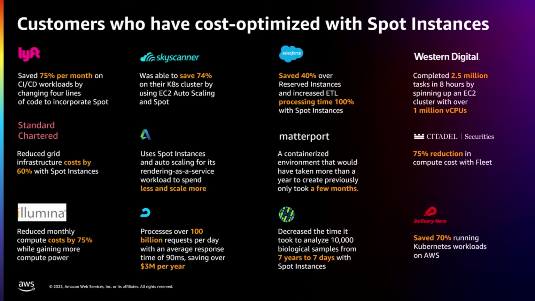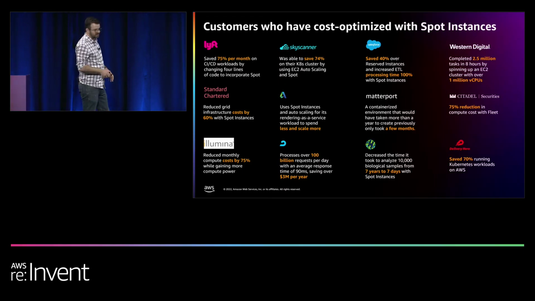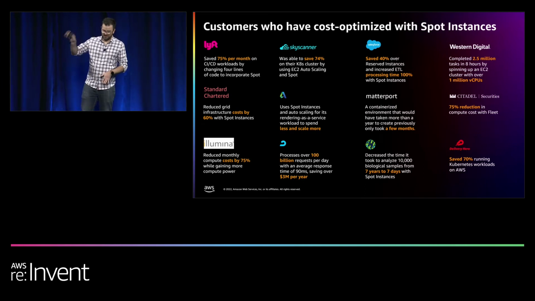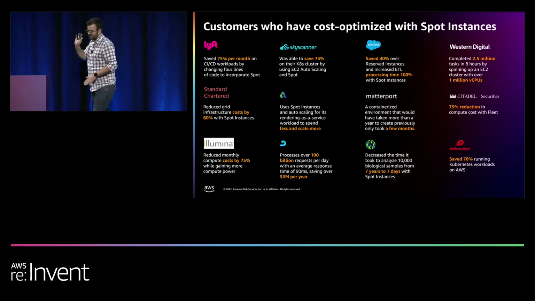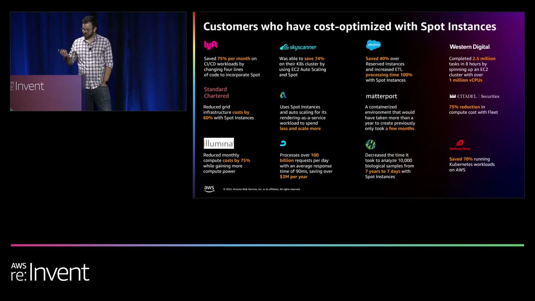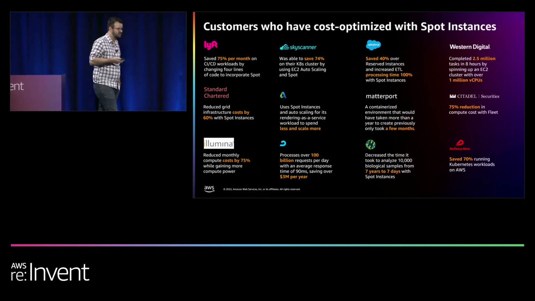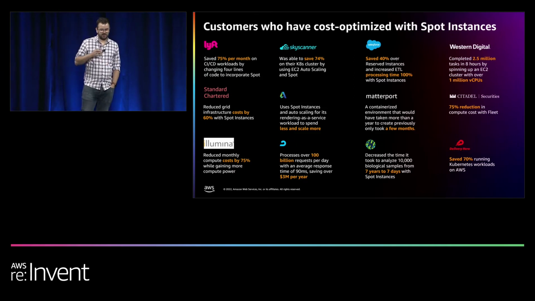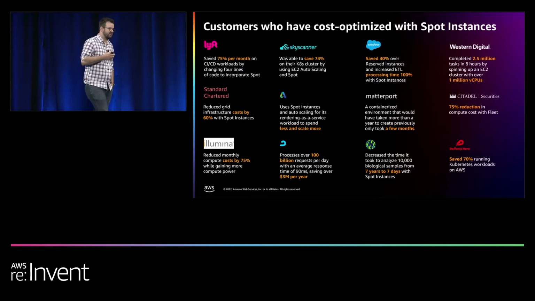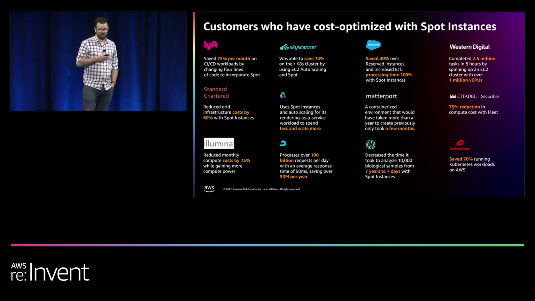And I'm not going to go too much into detail on these customer slides. We're actually going to have Troy from ARM come up here in a few minutes to tell you about his journey and his savings with Spot. But I do want to highlight that there are a lot of applications that can take advantage of Spot for their workloads.